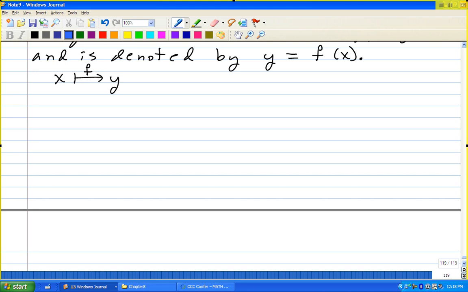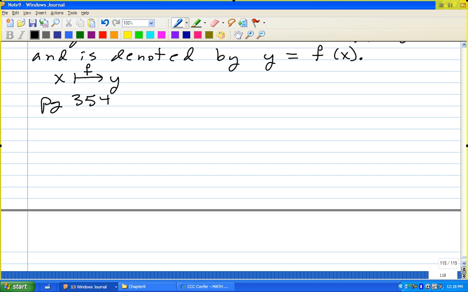Let me do problem number 44. So this is on page 354. In exercises 41 through 51, determine whether the rule of correspondence defines a function.